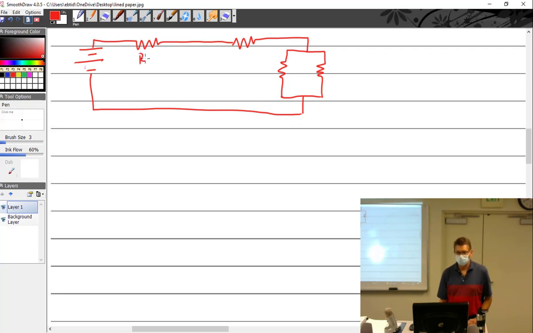So this would be R1, R2, R3, and R4. And let me see. I will give you 24 volts, 0.5 ohms, 4 ohms, 6 ohms, and 2 ohms. There we go.